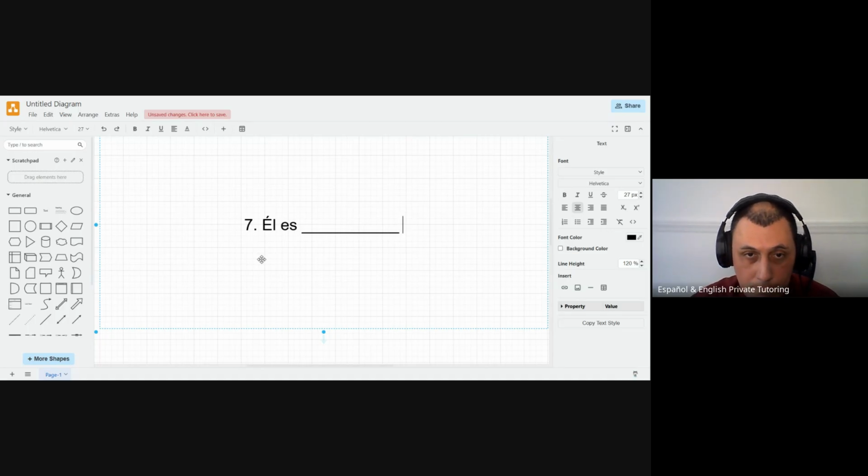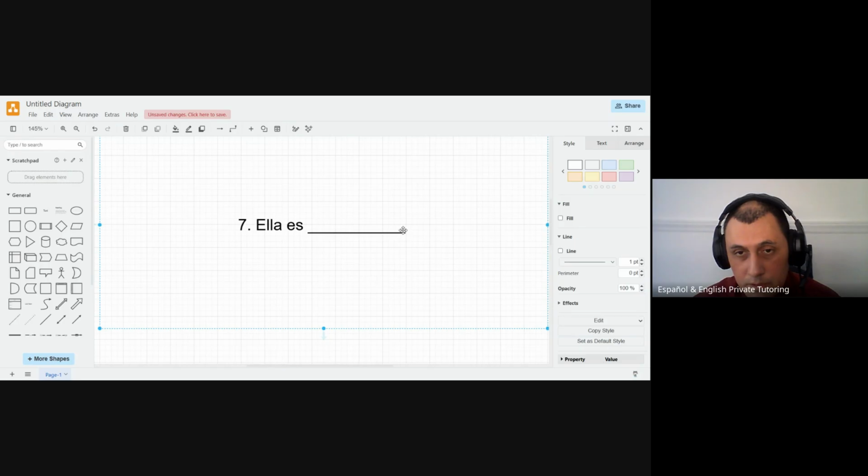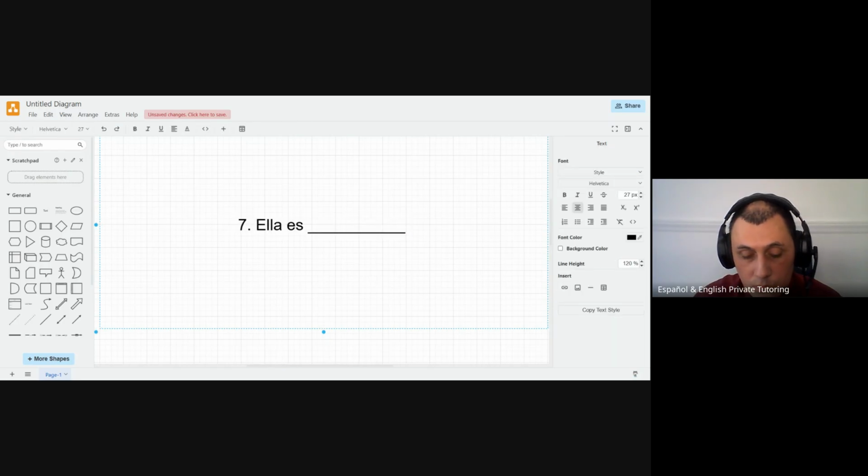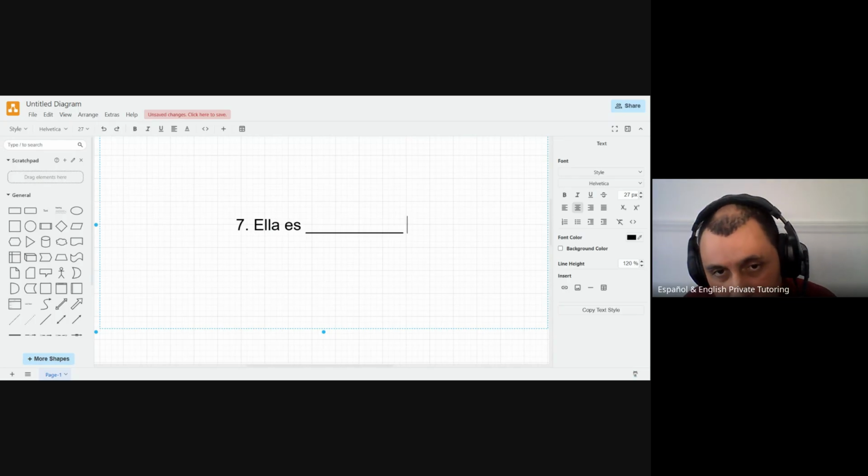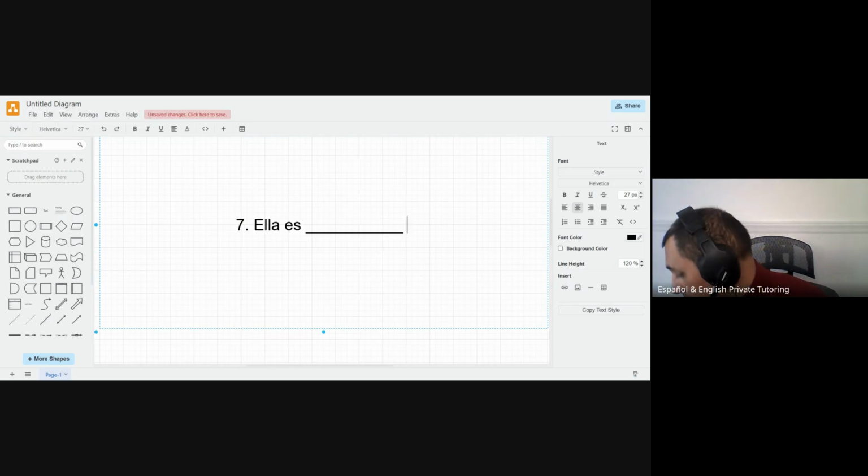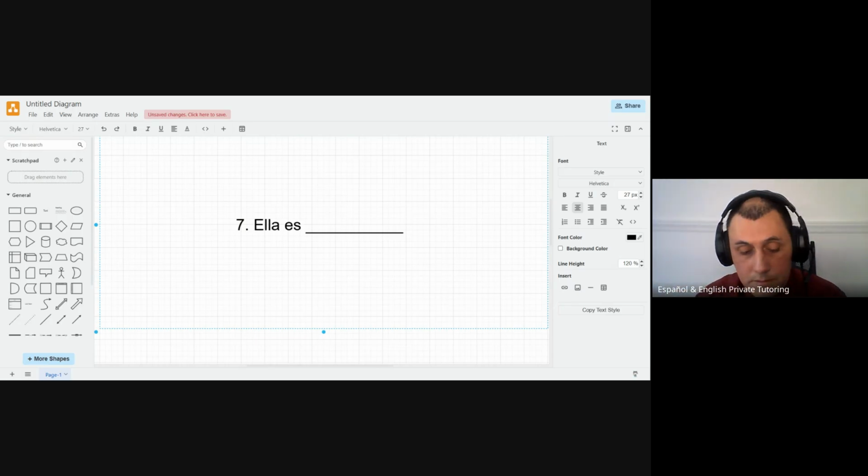I'm going to put it in the way it is in the book and you tell me what is wrong with this sentence. You can pause the video and try to figure it out before you see the sentence, or you can skip a little bit ahead while I write the sentence.